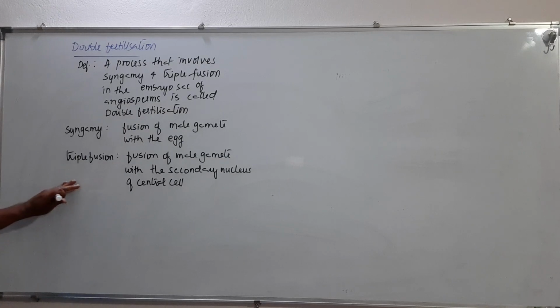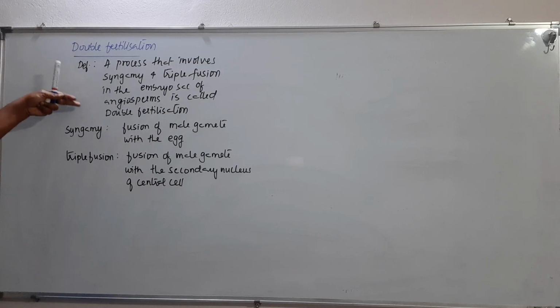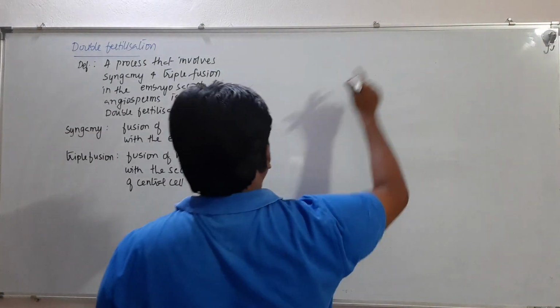As these are the two events involved in this process, we call it double fertilization. So now let us see how the double fertilization actually takes place.